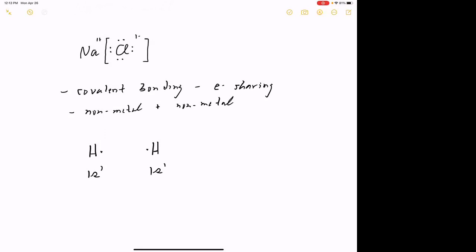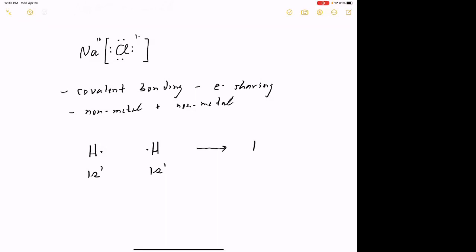Well, we'd like for each one of these hydrogens to look like a helium, right? That's always our goal, is to make each element look like a noble gas, because that's how we know it's stable. So given that these are both nonmetals and not one of these hydrogens wants the electron any more than the other hydrogen, rather than having one hydrogen strip the electron from the other, steal it, if you will, we're going to let them share.